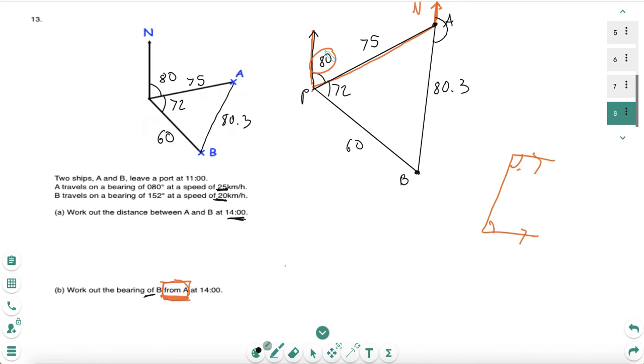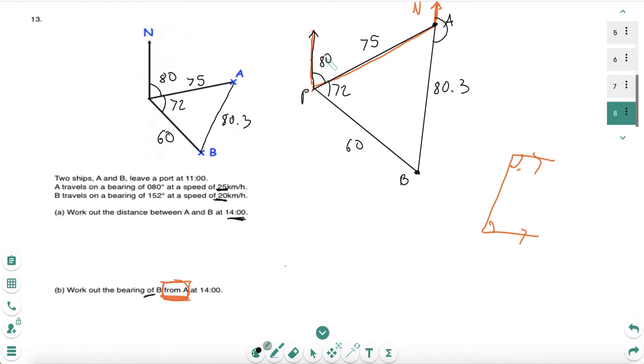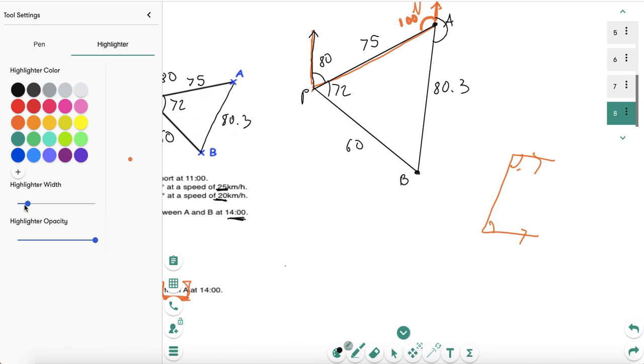So if this is 80, this must be 100, because angles inside a C add to 180 degrees. So this is 100.